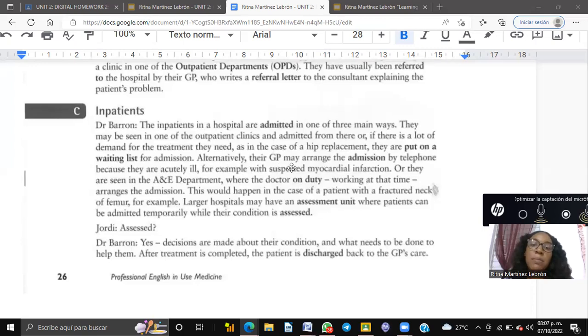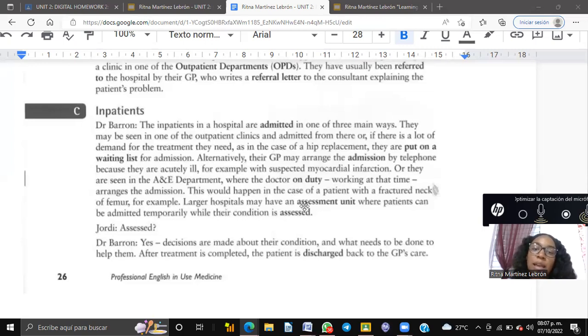Alternatively, the GP may arrange the admission by telephone because of an acute condition, for example, a suspected myocardial infarction, or they are seen in the A&E department, where the doctor on duty at that time arranges the admission. This will happen in the case of a patient with a fractured neck of femur, for example.